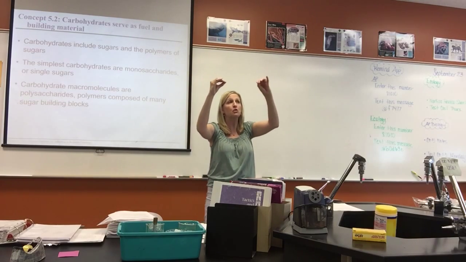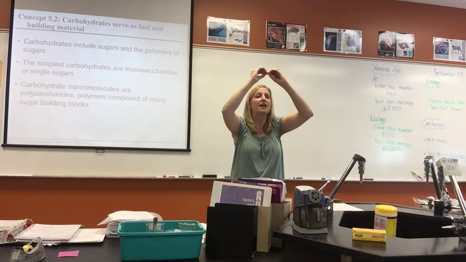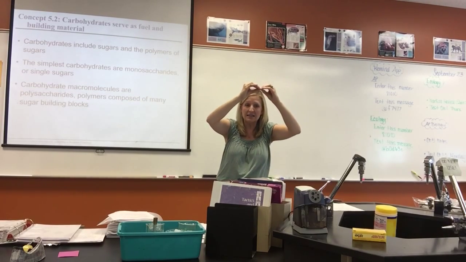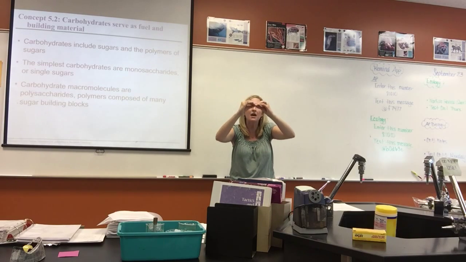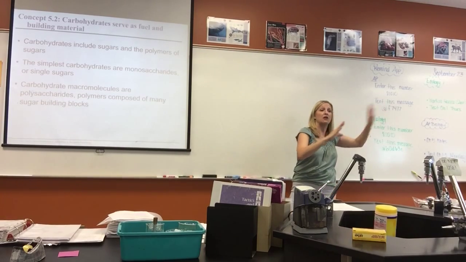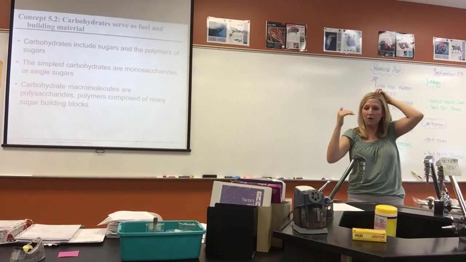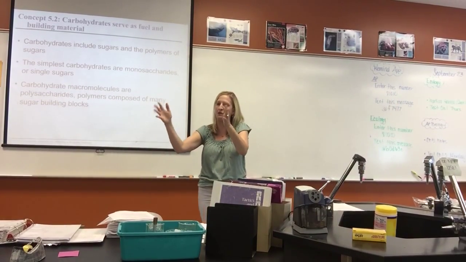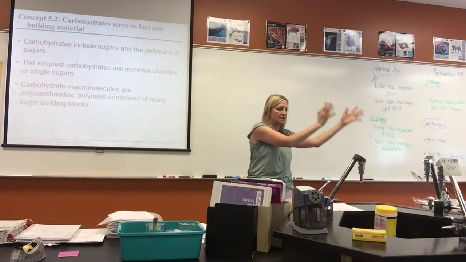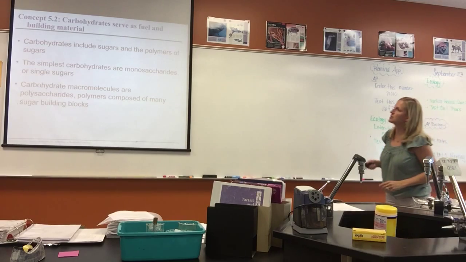Then we can hook two glucoses together, and that is not a monosaccharide, it's a disaccharide. Di means two, you have two sugar molecules together. Then we jump in size from two to many sugars hooked together, and that's a polysaccharide, poly meaning many. So how we're going to tackle carbohydrates is by size. We'll start out with the monosaccharides, then talk about disaccharides, and end up with polysaccharides. That's how this is organized.